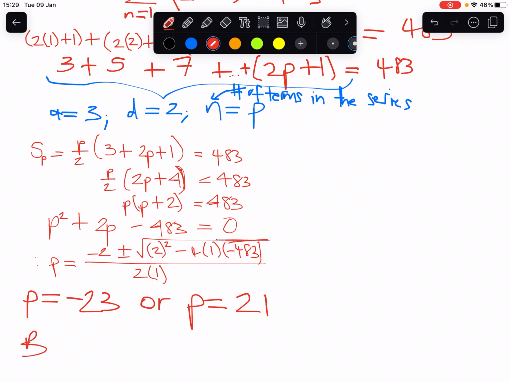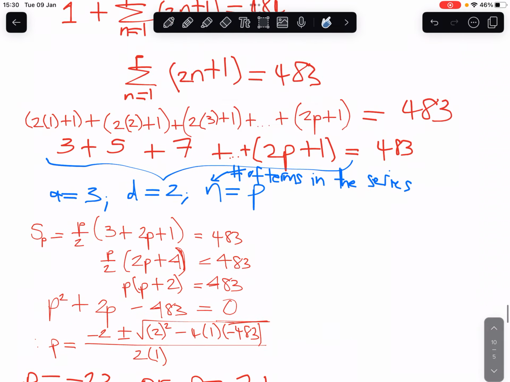And the fact that the sum is some number bigger than 0 definitely suggests that at least one term is in the series, right? That is a fact. So we know that p must be greater than 0. Therefore, p is equal to 21. That's our final answer, right?